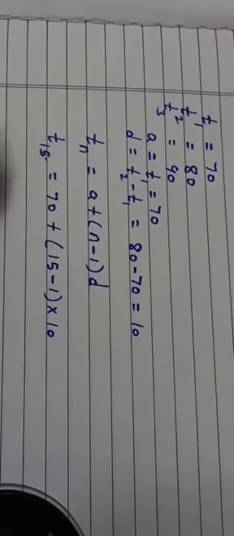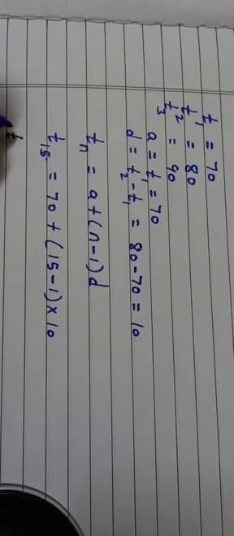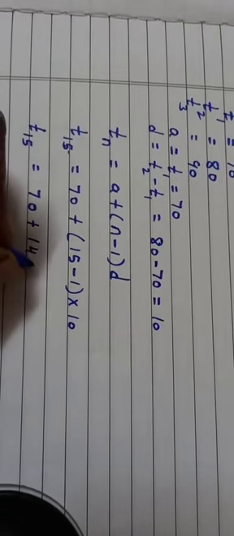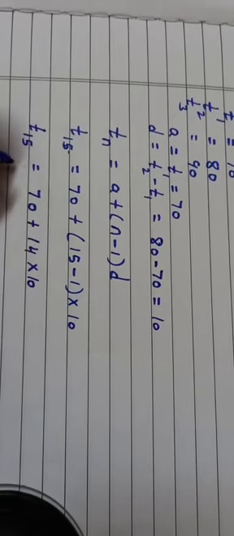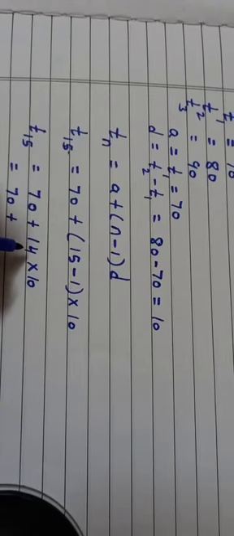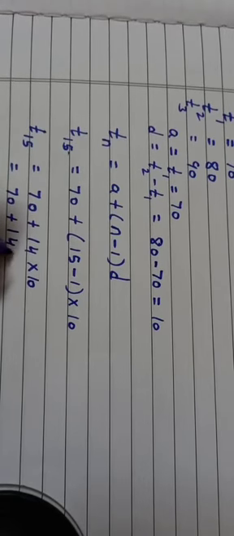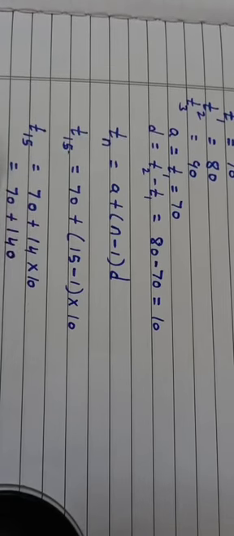Okay, so now you do the calculation. 70 plus 15 minus 1, 14, into 10, which is equal to 70 plus, according to the BODMAS rule, first you should do multiplication. 14 into 10 is 140. 140 plus 70 will be 210.